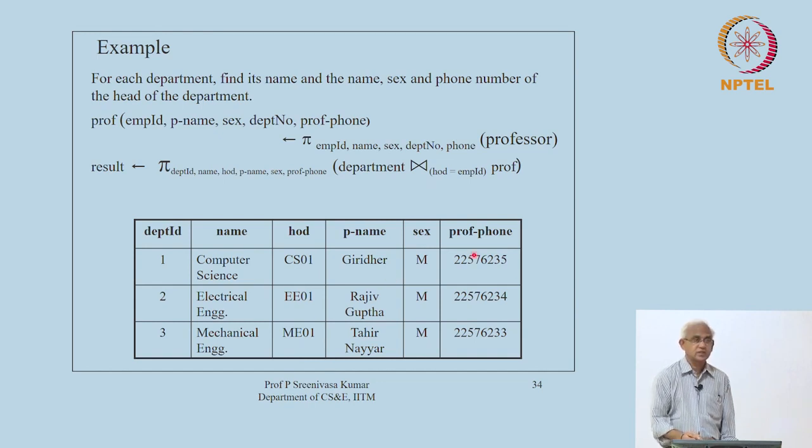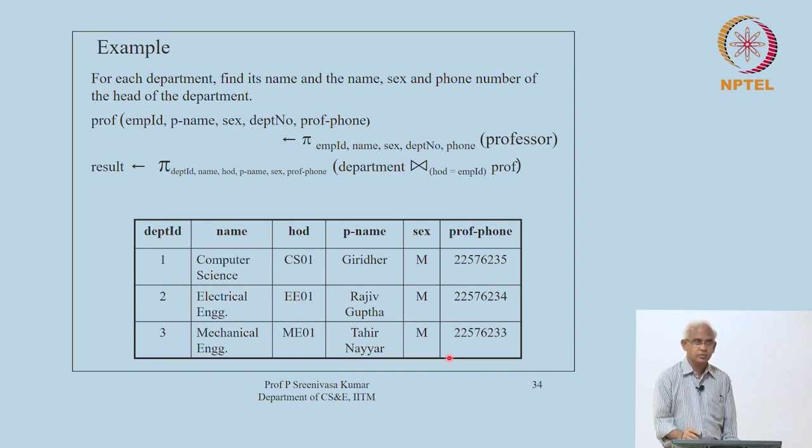How exactly this gets computed we will not go into right now; we will just look at them as mathematical operators, but of course we have to worry about how to implement these operators at an appropriate time later. Good.